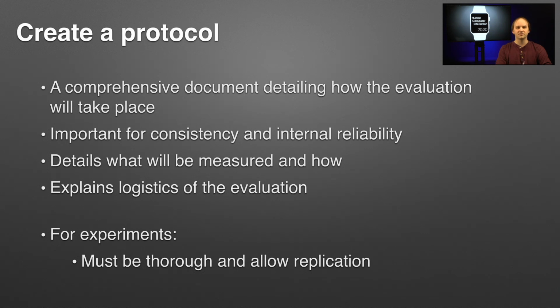Certainly for experiments, for controlled studies, you need to document it to the point that another research group or lab could replicate your study. That's important. And you certainly need that documentation to get your ethical approval.